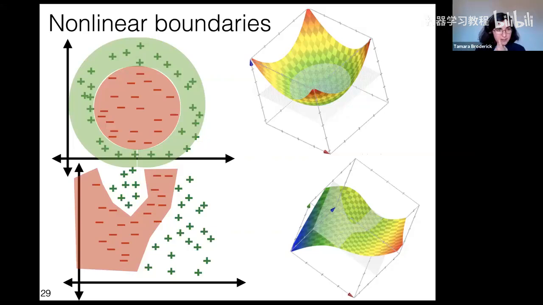Hopefully you can see that we get this weird shape by looking at where the function is less than 0. And then if we look at where the function is greater than 0, we get this weird shape. This is all just to say that if you use this polynomial basis, if you do this feature change, you change your features by expanding them with these polynomials, you can get some really flexible and different boundaries.